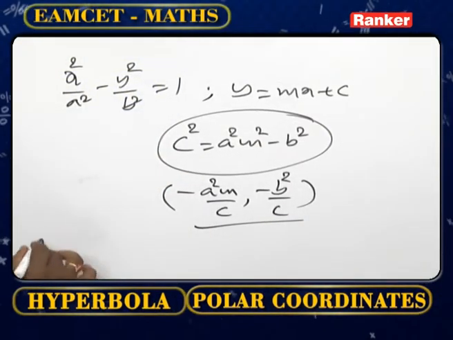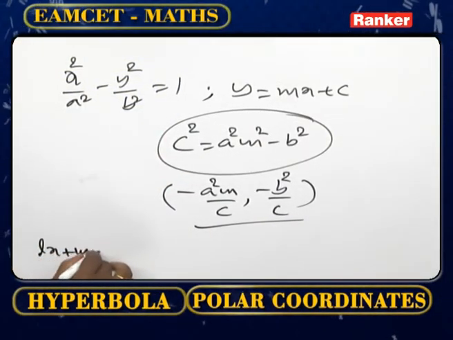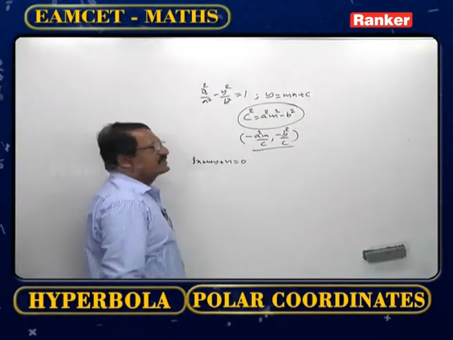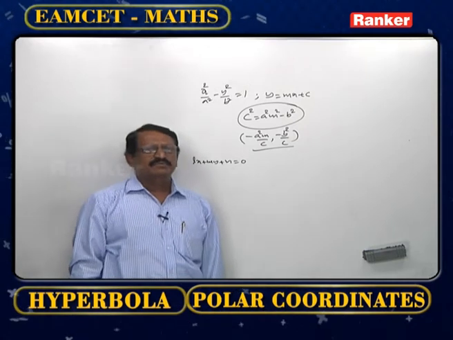Suppose Lx plus my plus n equals 0 is a tangent to the hyperbola x square by a square minus y square by b square equals 1.